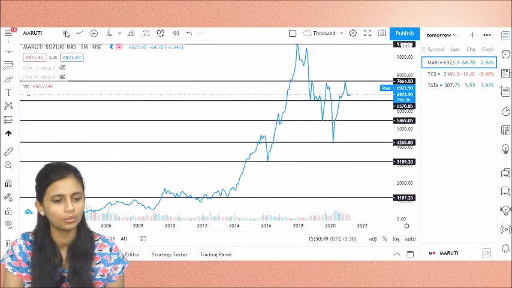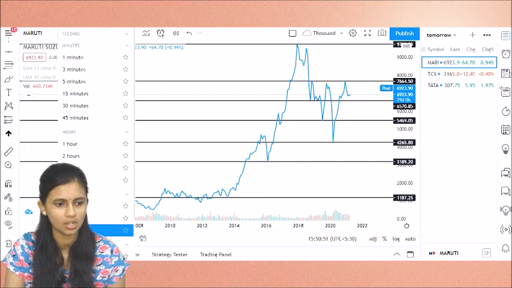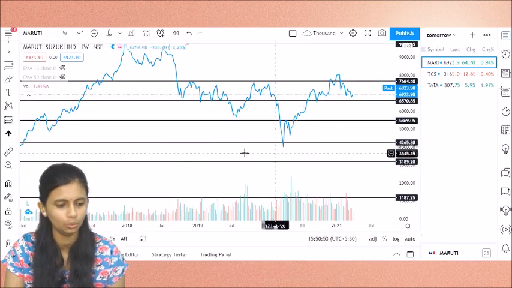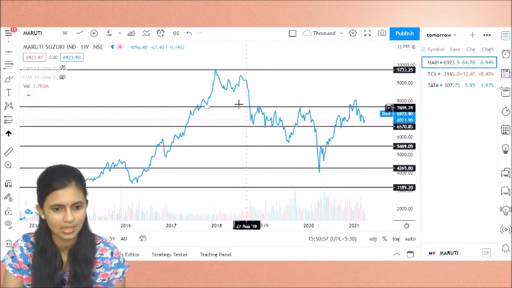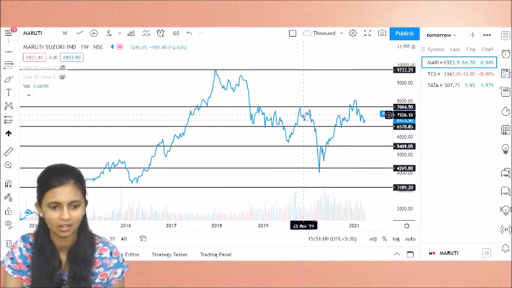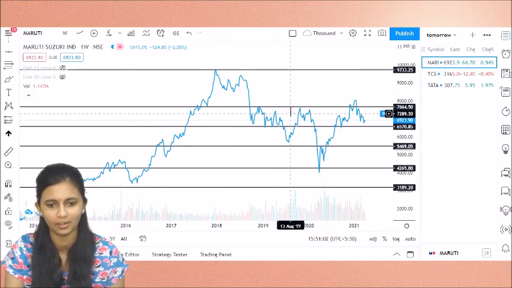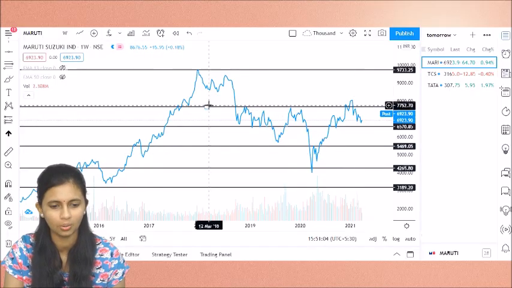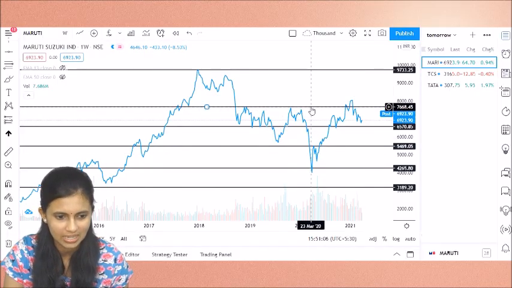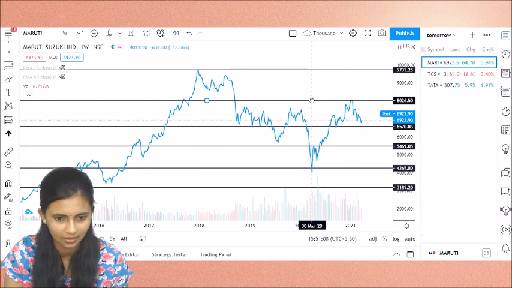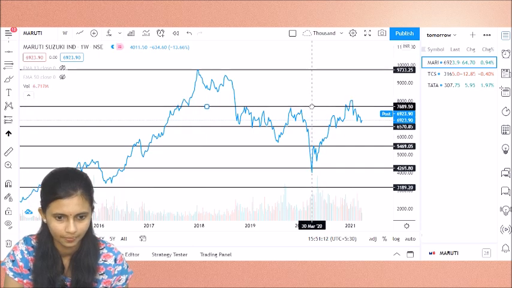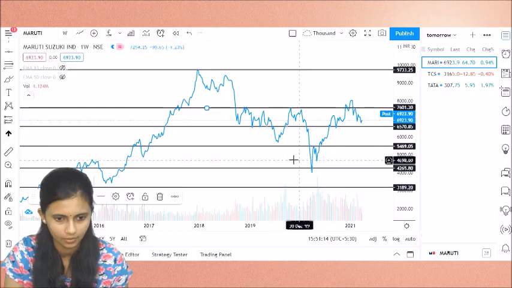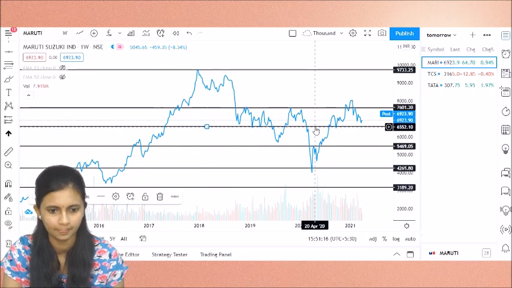Once you do this, change the time frame from monthly to 1 week. The moment you change it to 1 week, you can see the lines you have drawn will show a slight difference. So now go on adjusting the lines. Let's place it over here. It's okay, we'll place it here.